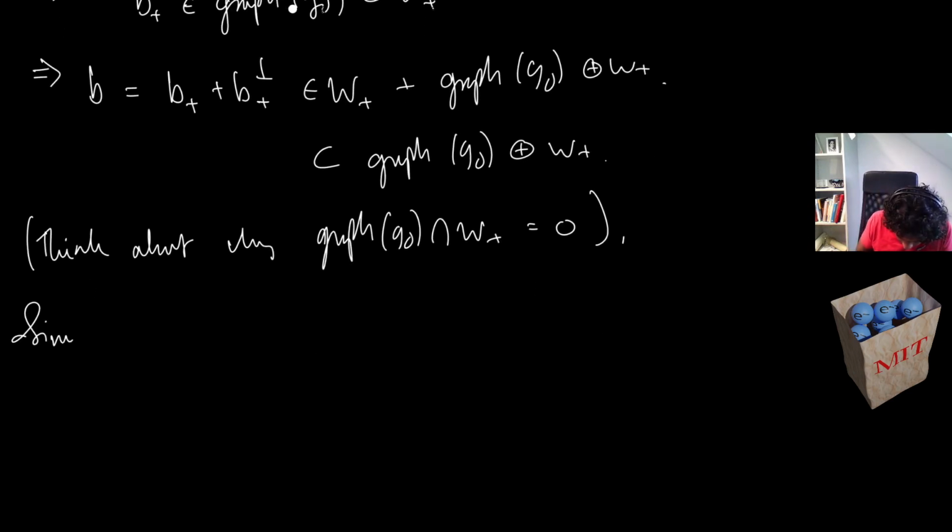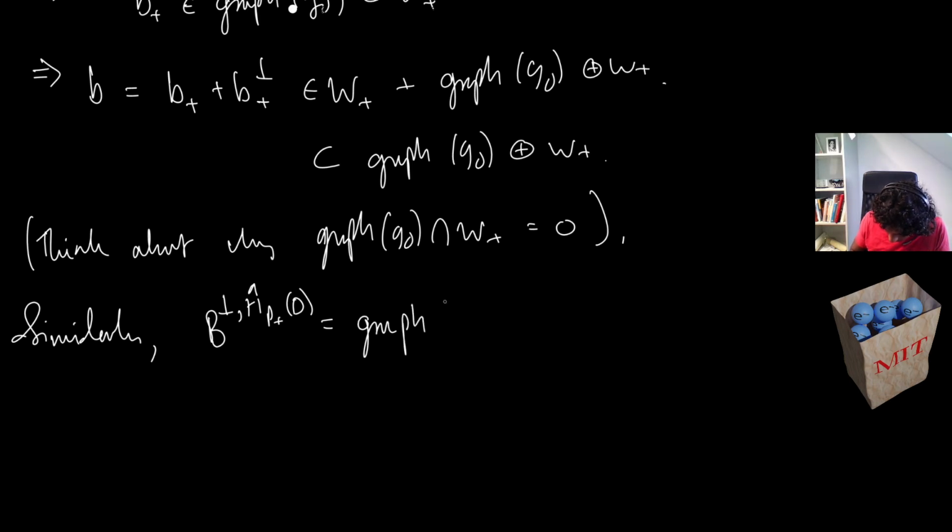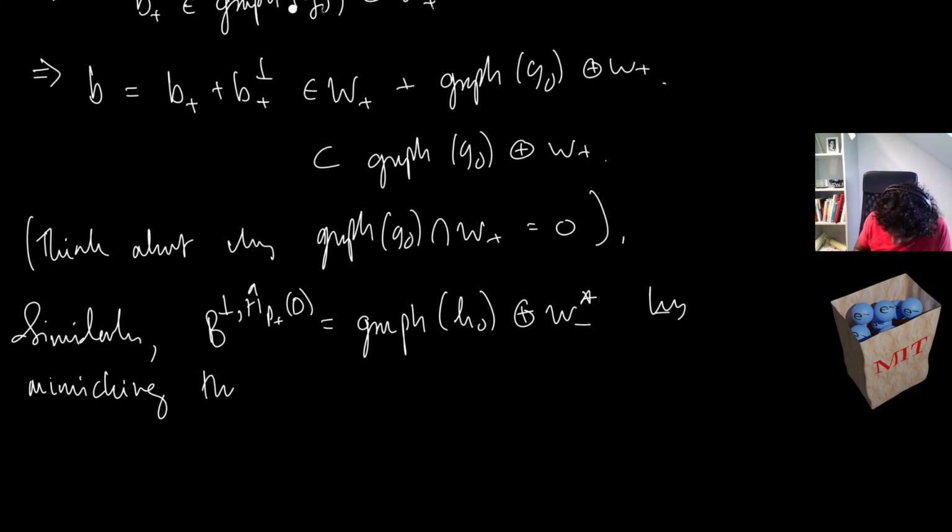Similarly, we get that B annihilated H check P plus D is actually equal to the graph of H naught plus W minus star by mimicking this argument.